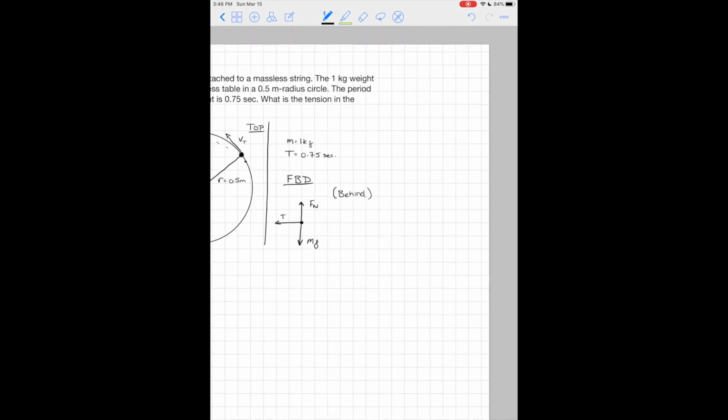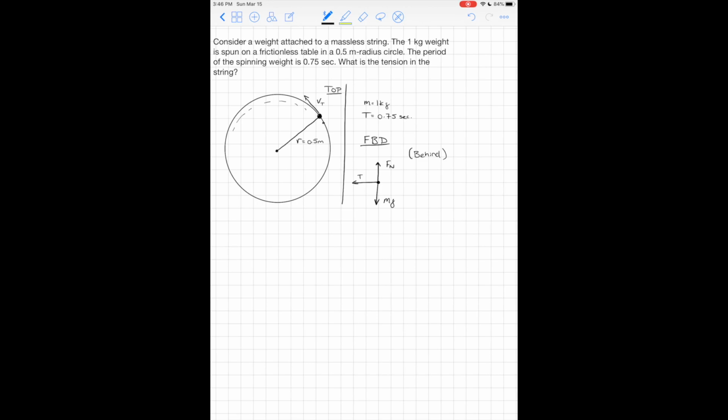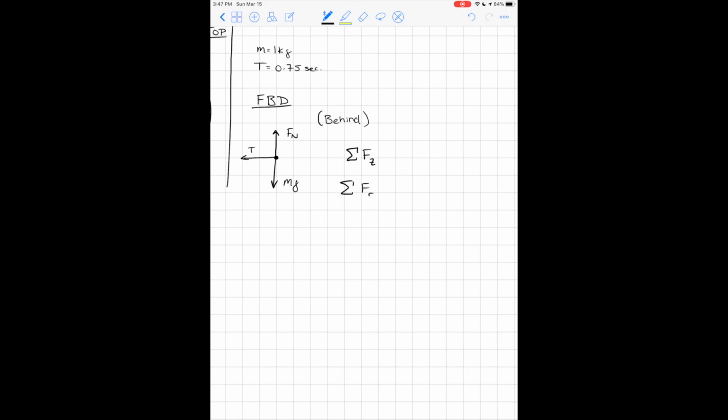So I have two directions here that I can sum up. I can sum up the forces in the z direction, and I can sum up the forces in the r direction. In the z direction, I have two forces: the normal force from our frictionless table, and weight pointing down.